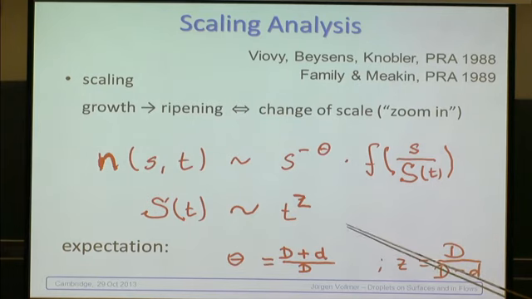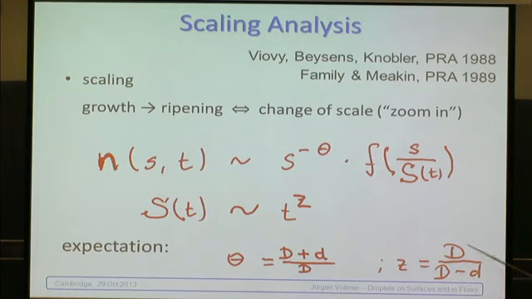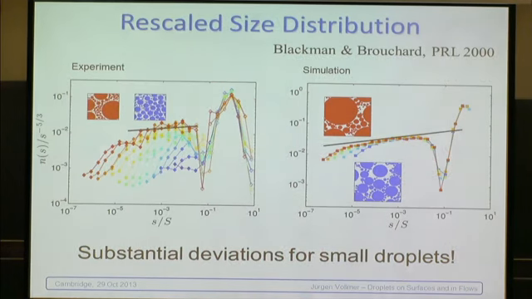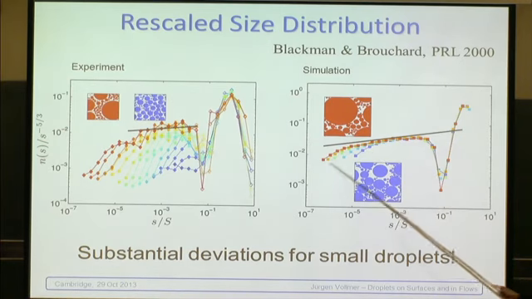You plug that in, you ask that the coverage is finite, and you will also figure out what this exponent z is. Dimensional analysis, reasonably straightforward. People checked that numerically, but we have much, much better statistics now, as I said. In the numerical data, we see that there are small deviations in the tails of the distribution.